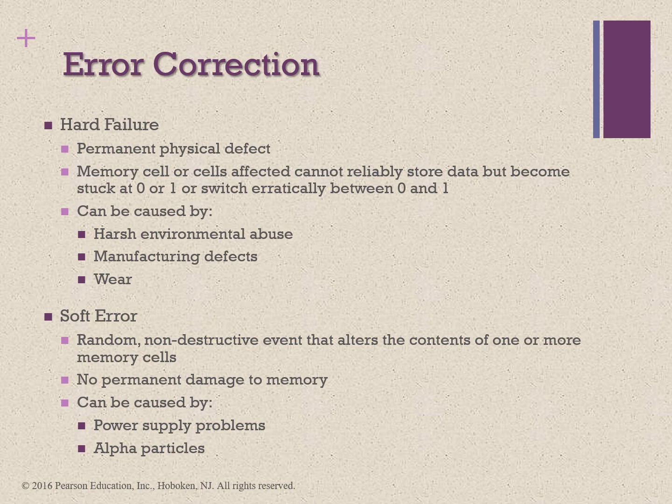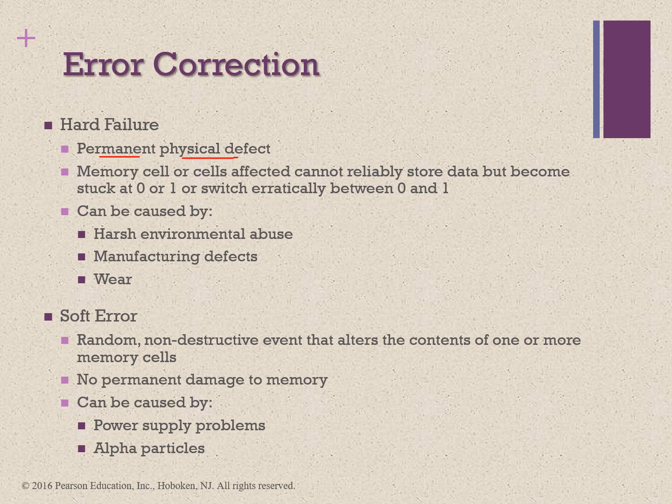First, we see why we have the error. Let's see hard failure. When you talk about hard failure, it is permanent damage, a permanent physical defect. So here, a memory cell or memory cells are affected and cannot reliably store data, but become stuck at 1 or 0.